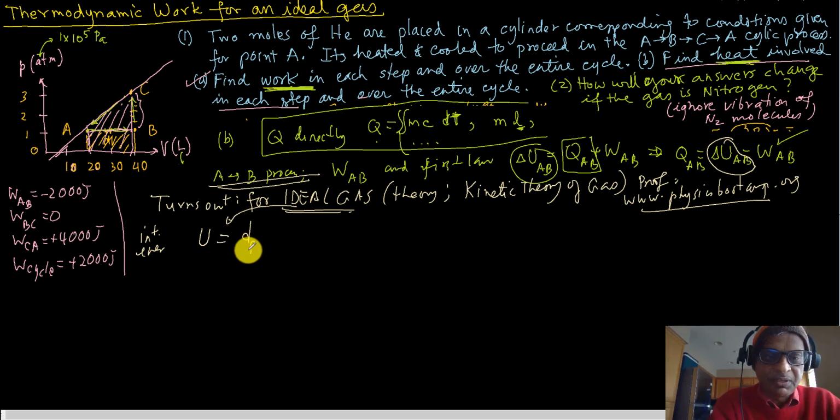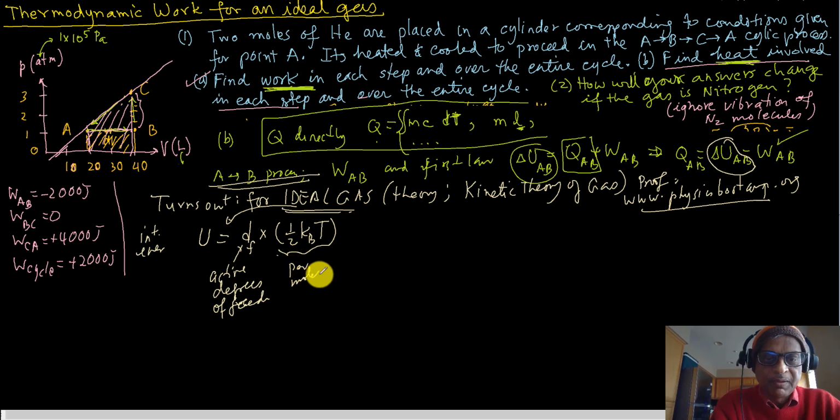So you have degrees of freedom. These are called active degrees of freedom. And for each degree of freedom, you have half kBT per molecule, per degree of freedom, times the number of molecules you have.